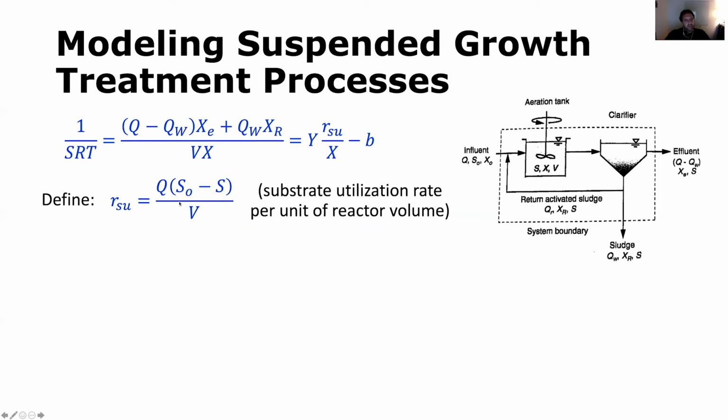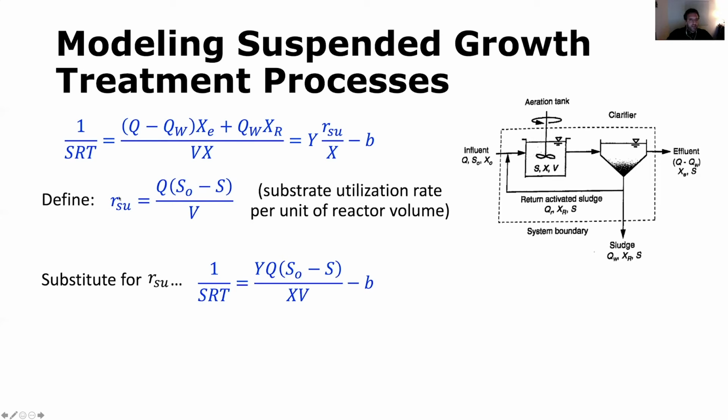If we divide that by the volume, this is the substrate utilization rate. We can then substitute this term into the equation above, and that gives us 1 over SRT is equal to YQ times S0 minus S divided by XV, the whole thing minus B, the decay rate coefficient.